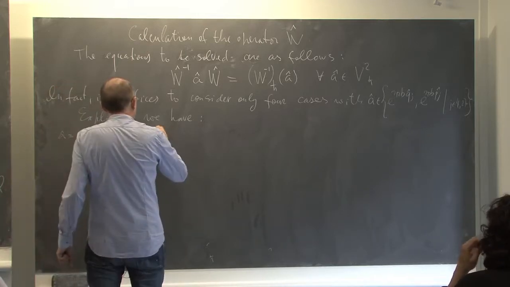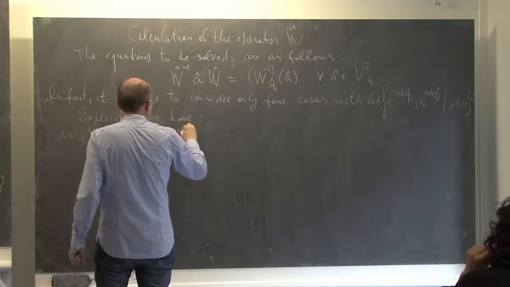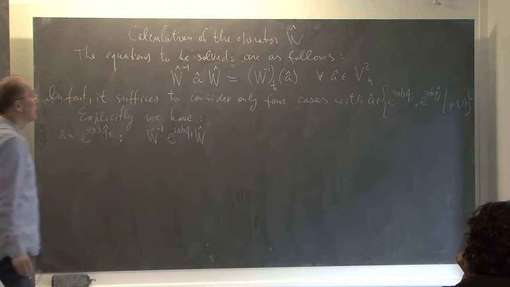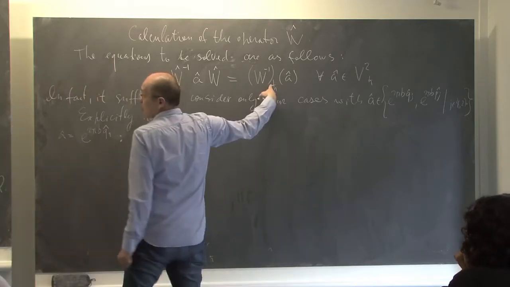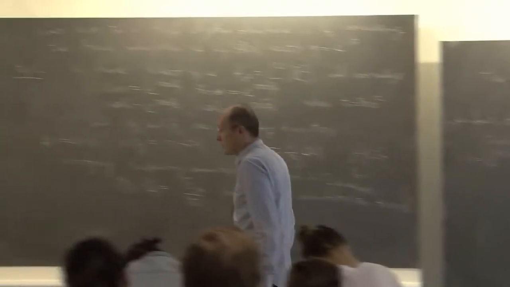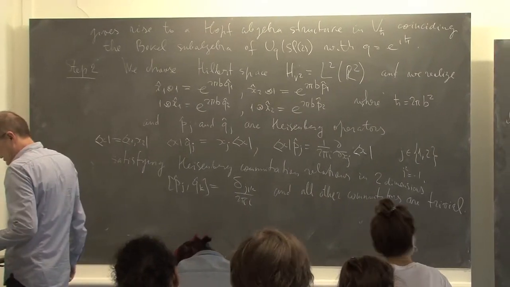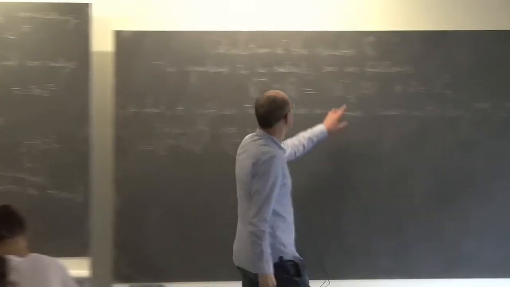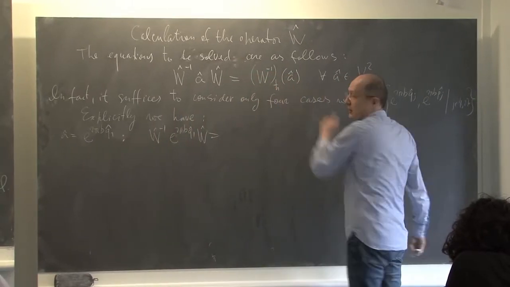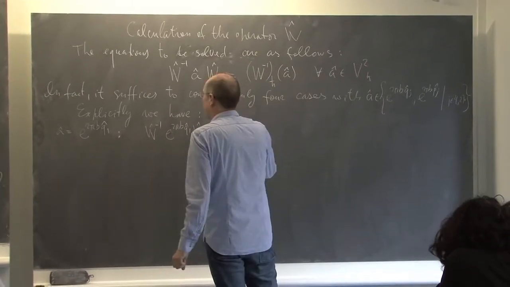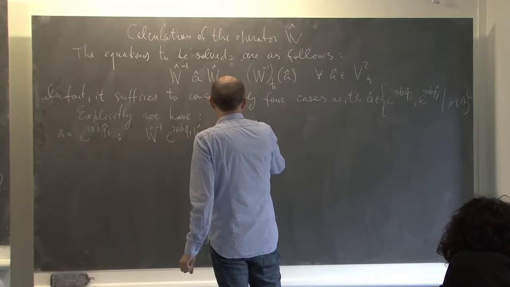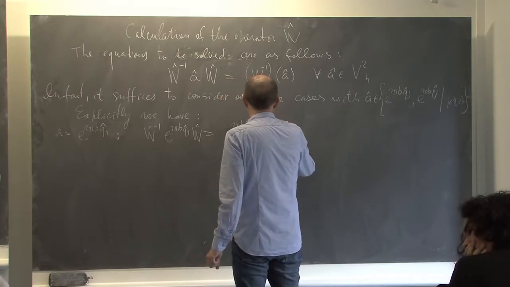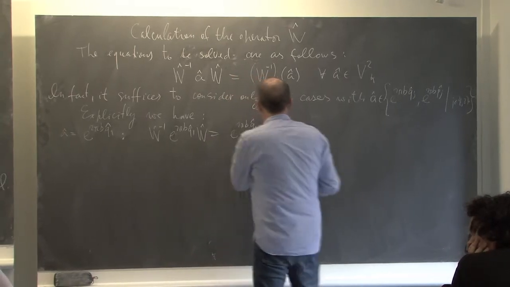So then what we have, W hat minus 1 conjugates E 2 pi B Q1 hat, W hat should be equal to, and now we should look at the formula which we wrote some time ago, the image of that guy under that automorphism, which is E 2 pi B Q1 hat tensor E 2 pi B Q, no tensor, right?